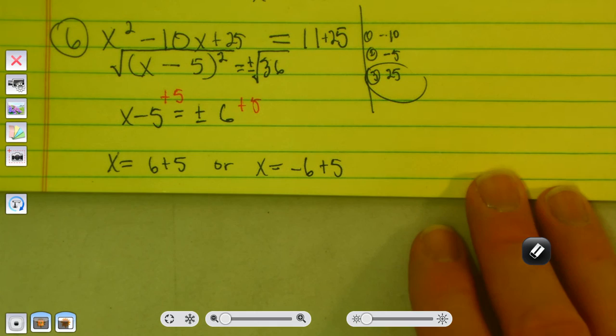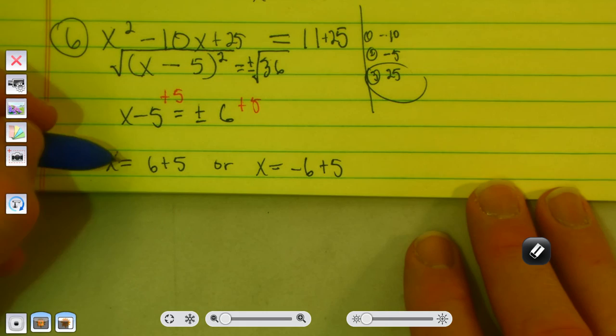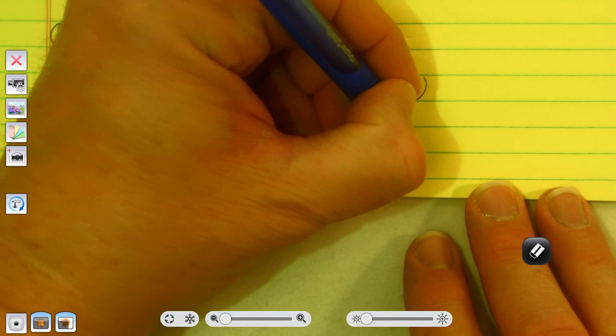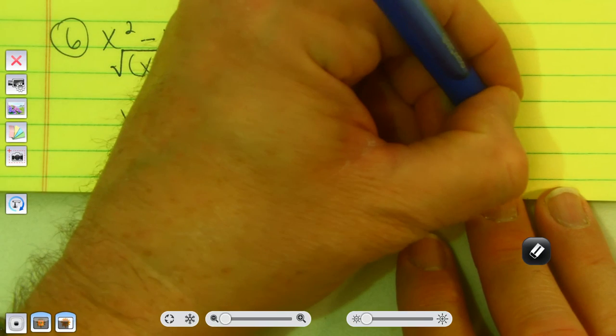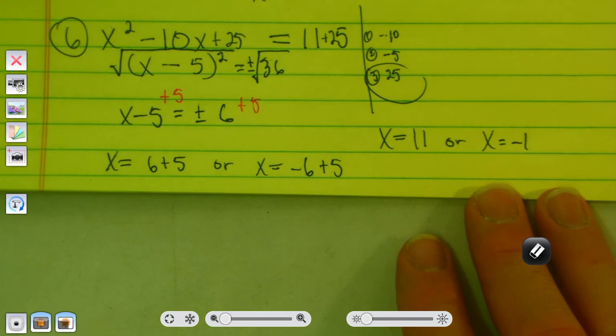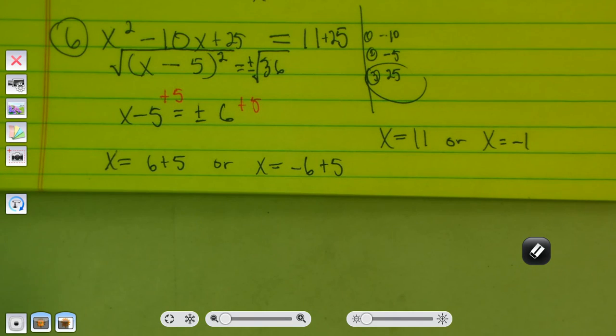All right, so 6 plus 5 is 11, so x is equal to 11, or x is equal to negative 1. Awesome. Good job. So that's how we use completing the square as another way, and actually a pretty easy way, to solve quadratic equations.